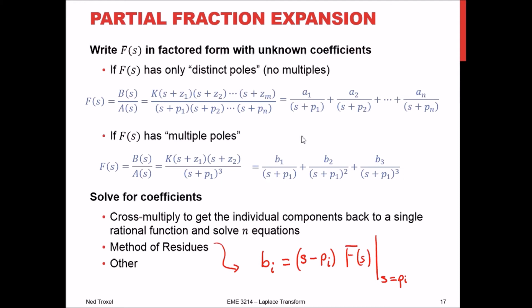Now here you can actually take this function here, multiply times s minus p1, or s minus pi, and then evaluate s at pi. So this formula actually will only work as well with the distinct poles. But this gives you a very easy way to figure this out. And there are some other methods as well, like MATLAB.